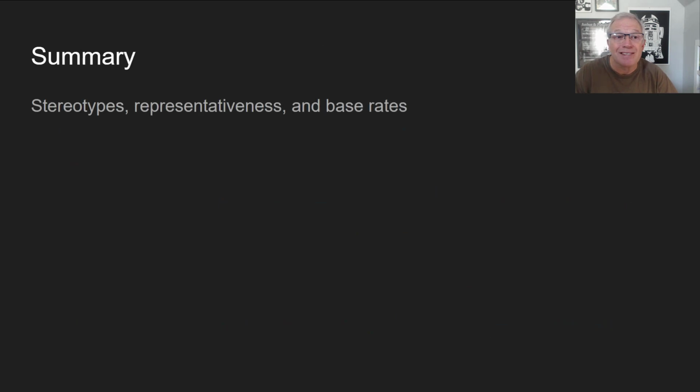Okay, so now we're at the end of the second part of this set of lectures about chapters 10 through 18. We've talked about stereotypes and representativeness and base rates. We've talked about the conjunction fallacy, which you should understand and be able to catch in these cases.